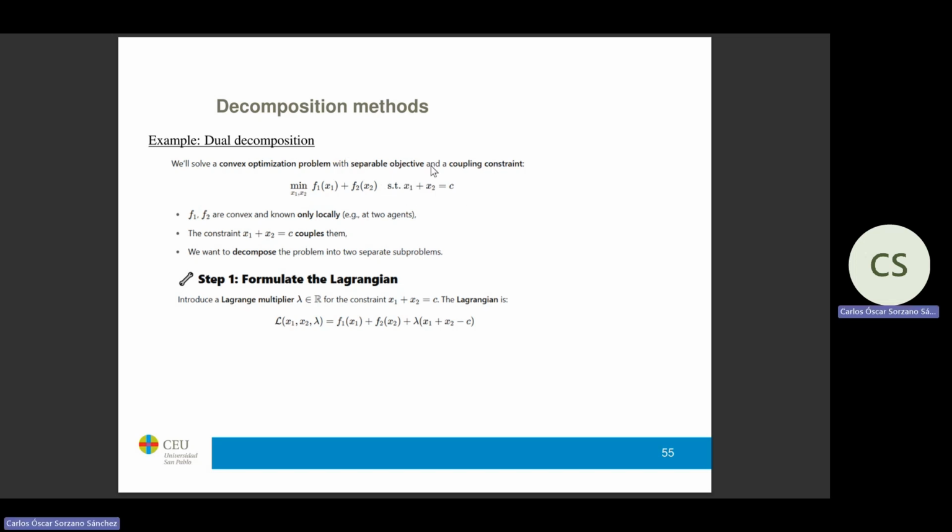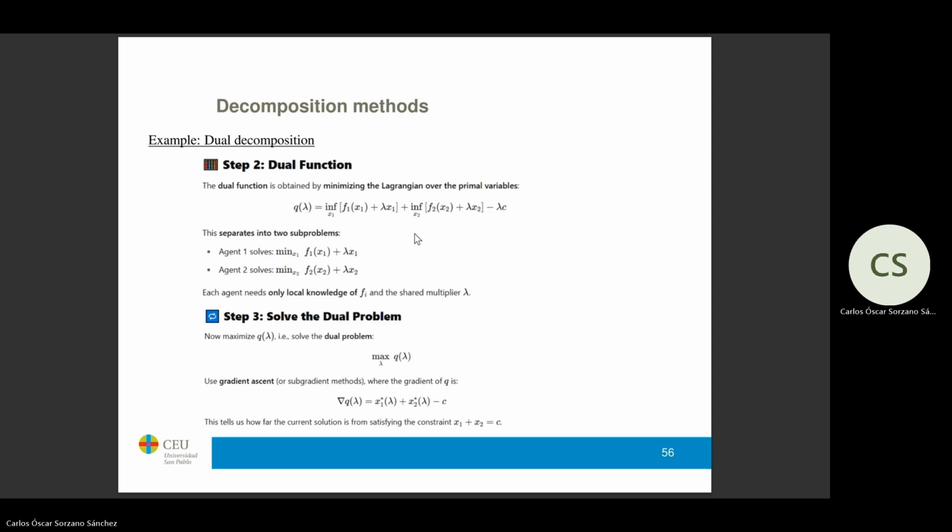And the two vectors are coupled by some constraint. So we start by formulating the Lagrangian: f1 plus f2 plus the constraint. And then we construct the dual function. There is only one constraint, so it depends only on one multiplier.